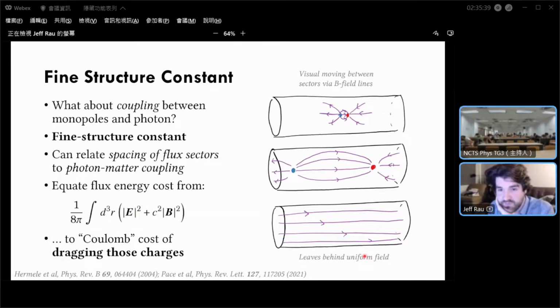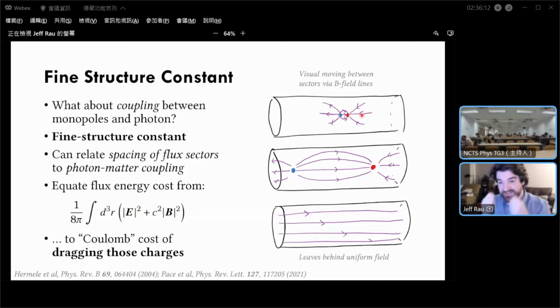The trick they did is essentially to interpret this in two different ways. One is, given electrodynamics, we know if we left the system with a bit of flux in it, we can compute the energy of that state from just the usual electromagnetic Hamiltonian. If this was, say, a magnetic flux, you'd have an energy proportional to that flux squared integrated over the whole system. But there's another way to compute the energy in this process: I took a positive and a negative charge and dragged them across the system.